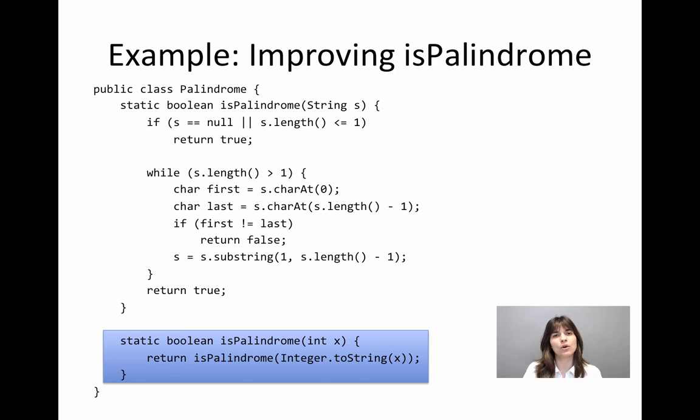In other words, we don't really have to duplicate code. We would do very much the same thing if we were writing isPalindrome(int x) from scratch, with very few differences in the implementation. So in order to take advantage of the implementation that we already have, we can take advantage of overloading and make the implementation of isPalindrome(int x) in the way that you see on your slide.